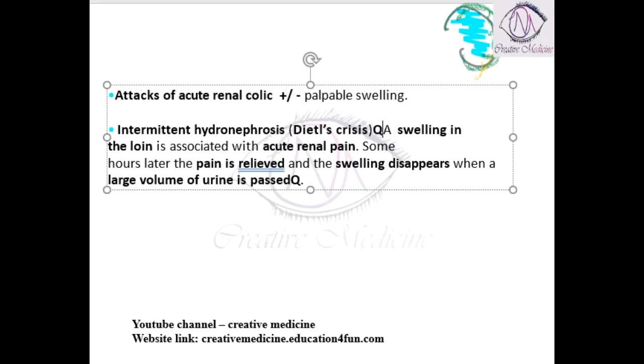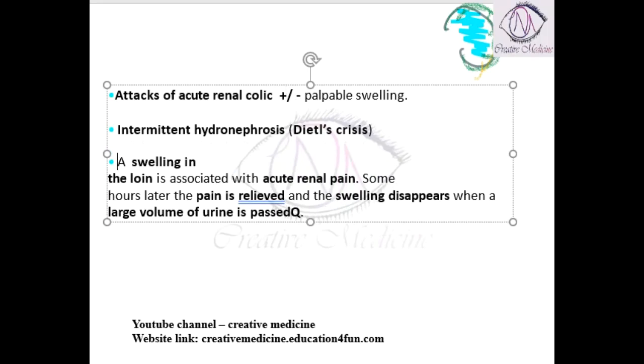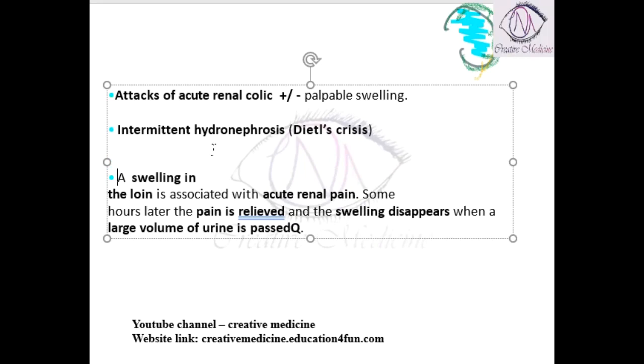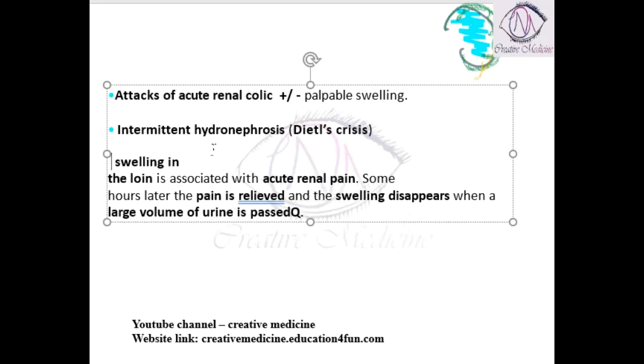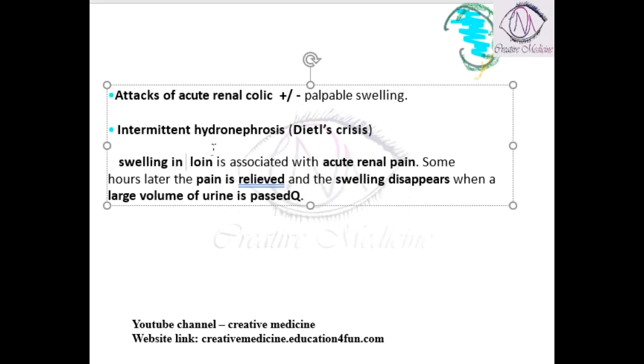In patients with hydronephrosis, there is Dietl's crisis, or intermittent hydronephrosis. In Dietl's crisis, first and foremost, the patient will have a swelling in the loin, and this swelling is present along with acute renal pain.